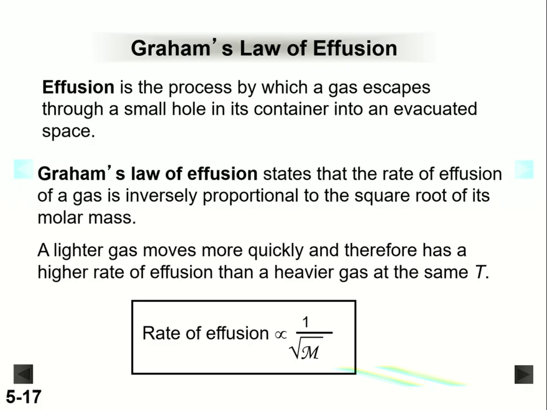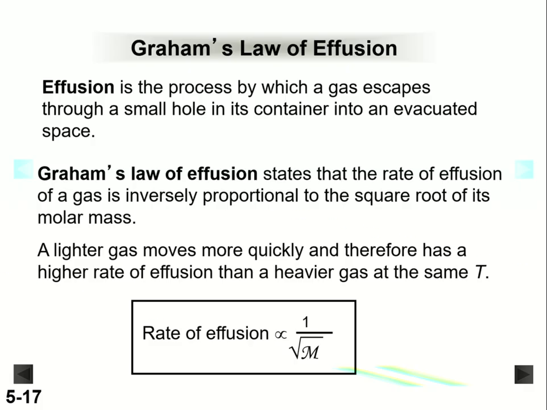Graham's law of effusion states that the rate of effusion of a gas is inversely proportional to the square root of its molar mass. And we would recognize this from what we just learned. For a given temperature, the kinetic energies are going to be the same. So molecules with higher mass have lower velocity. They'll move slower. They'll get out the hole more slowly.